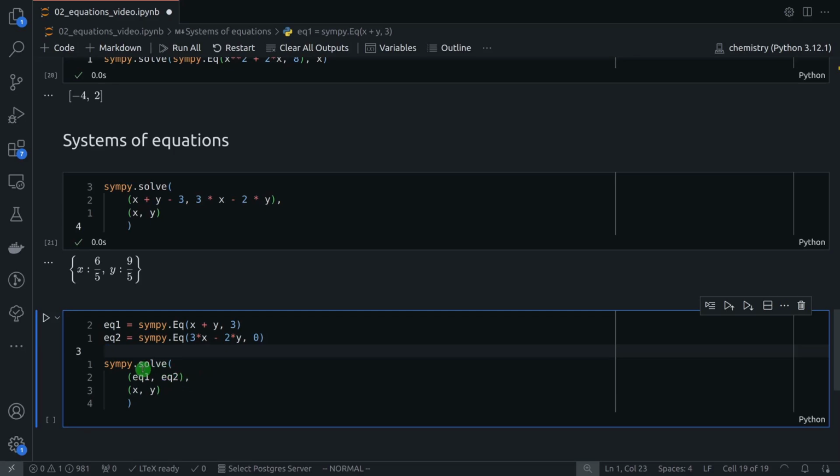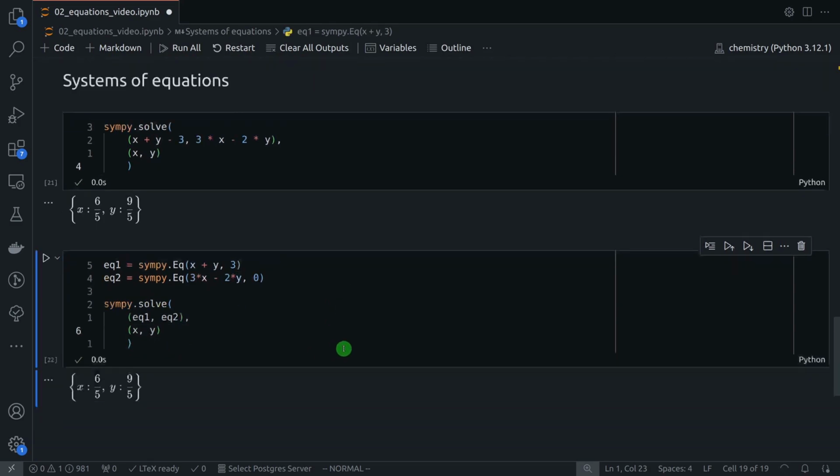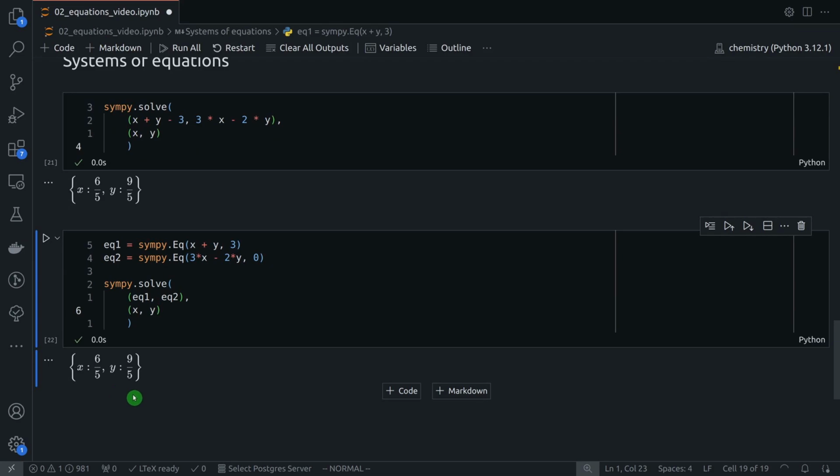And now I have here the first tuple with both equations and the second tuple with the variables, and running the cell we have the same result that we had before, but at least to me this is a more mathematical way of writing the system of equations, using the equality class.